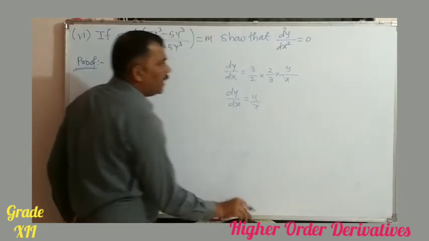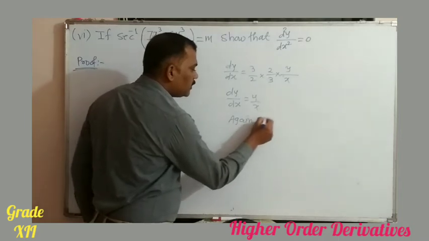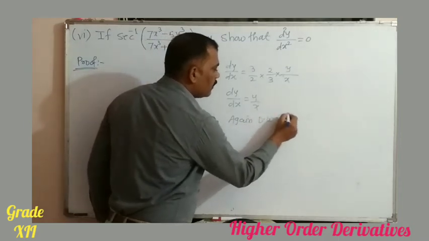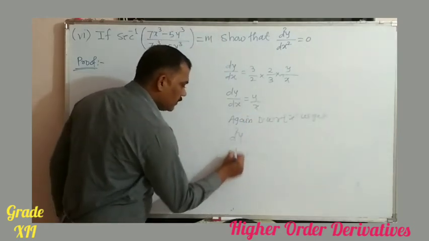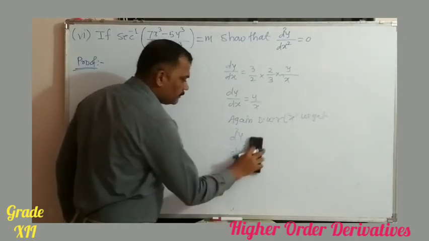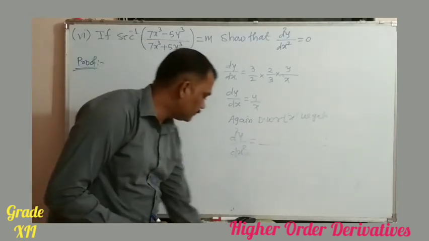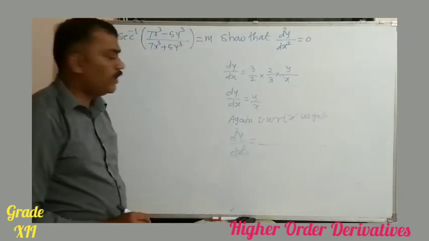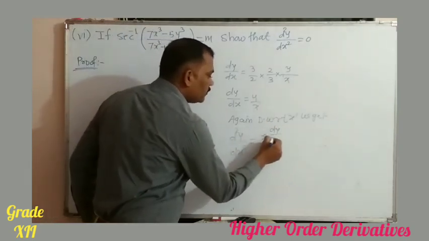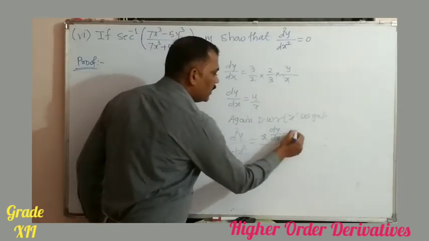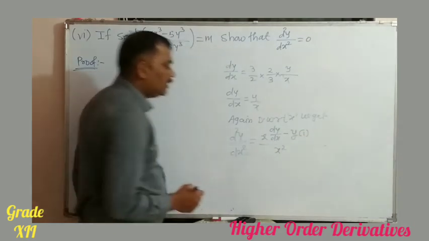We have to show that d2y by dx square is 0, so we have to differentiate one more time. Again differentiate with respect to x, we get d2y by dx square is equal to, here again we have to use the quotient rule. Denominator into derivative of numerator, that is dy by dx, we get differentiation of y with respect to x, minus numerator into derivative of denominator, that is 1, divided by denominator square, that is x square.